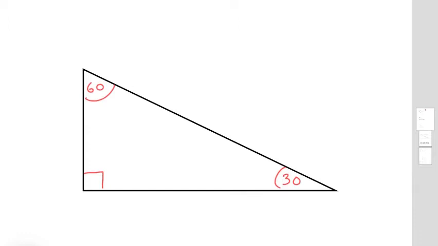And so here we have our first 30, 60, 90, and we have to label it a specific way. The one thing that's always going to be true, no matter how you draw your triangle, is what goes across your angles. Across 30 degrees, you're always going to label that side x.